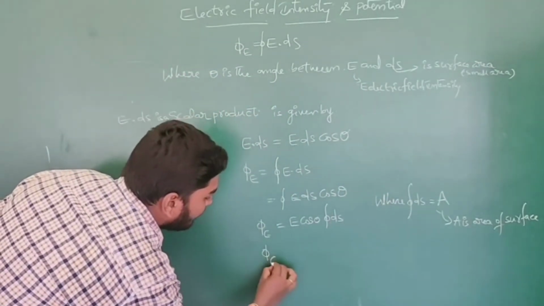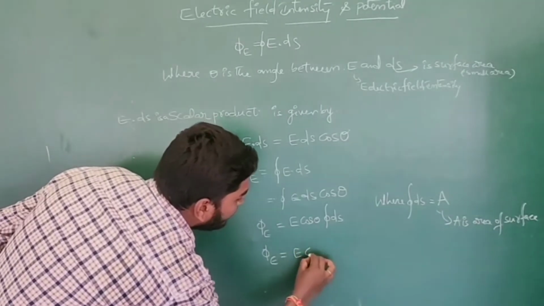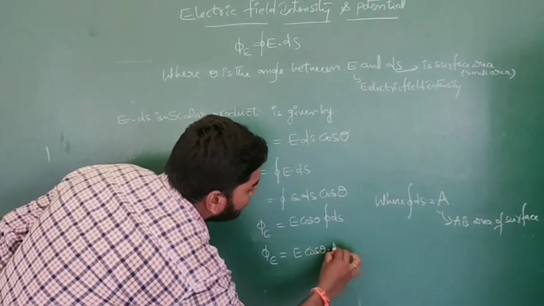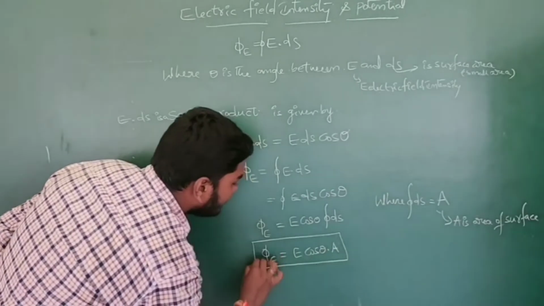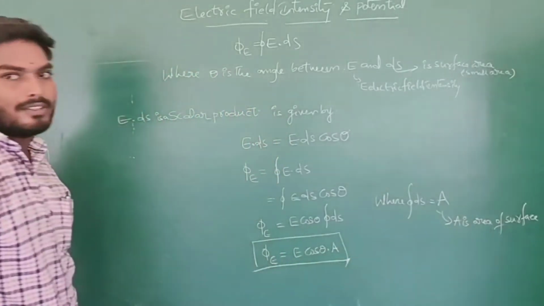Electric flux phi equals E cos theta into A. This is the flux mathematical equation.